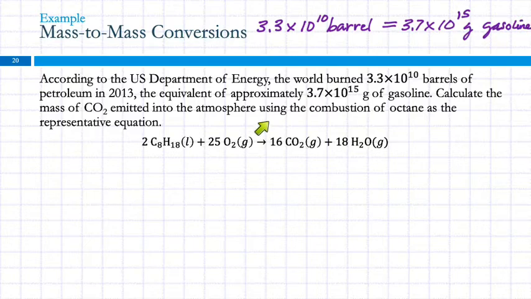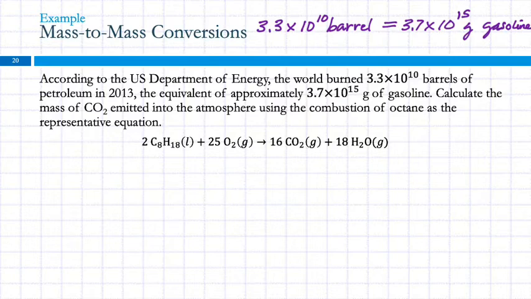We're going to use the combustion of octane as the representative equation. What does that mean? Well, it means that because we can't calculate all the different compounds that are present in gasoline, because gasolines vary, like octane ratings differ between premium and regular gasoline, right?